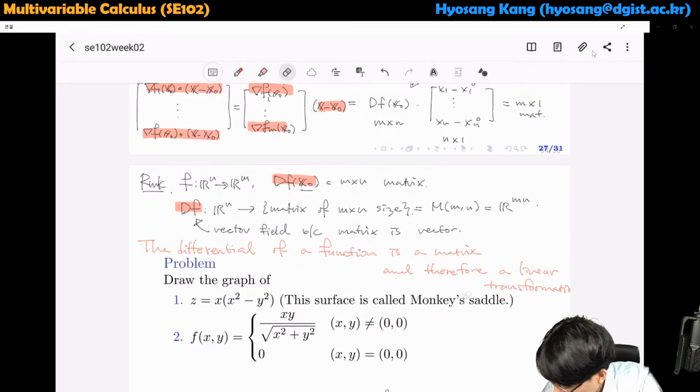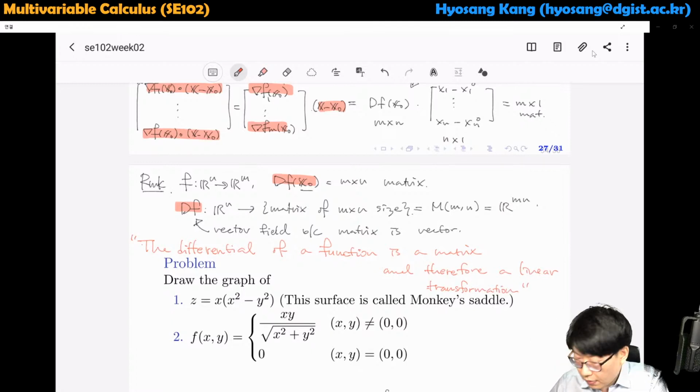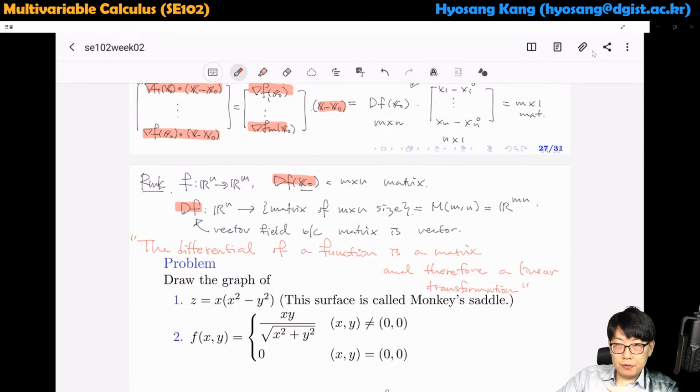Sorry. If you finish this course, this is one of the sentences that you have to remember well after you finish this course: the differential of a function is a linear transformation. In other words, a linear map.